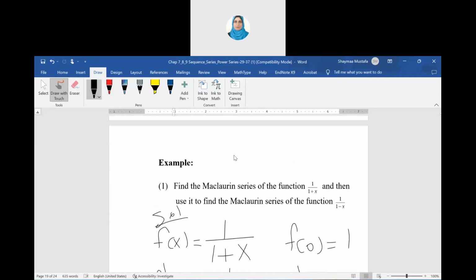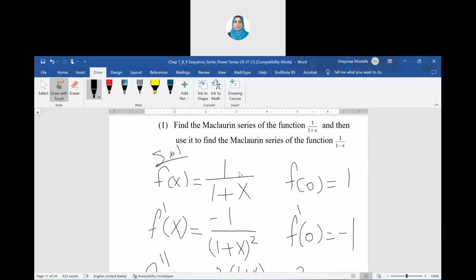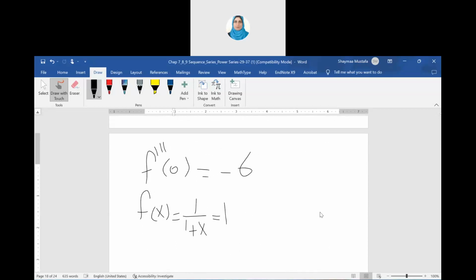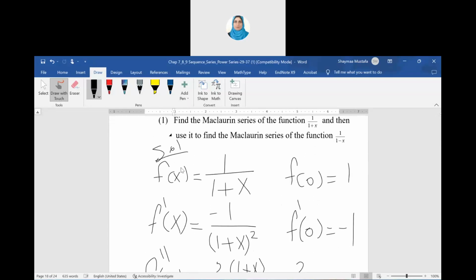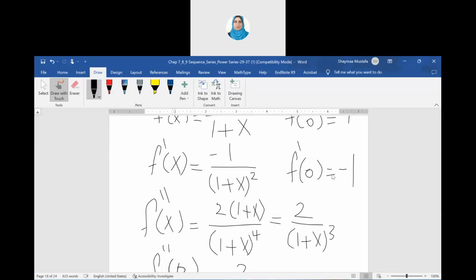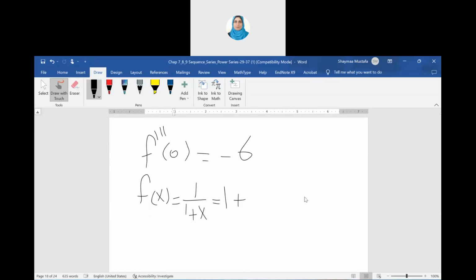First term is f0. F of 0 is 1. Plus. Second term is f prime of 0 times x. So f prime of 0, which is minus 1 times x. Plus.